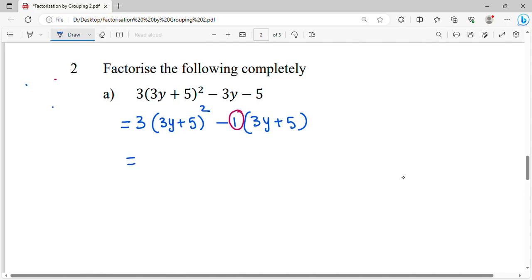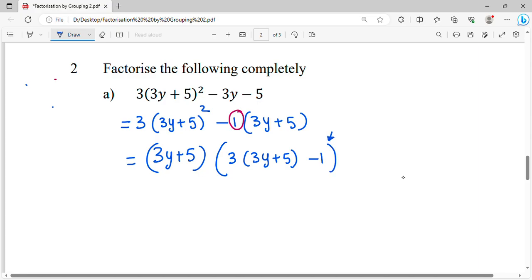So basically I see 3y plus 5 is the highest common factor. Here I am left with 3y plus 5, and I have a minus 1. Now I need to do some simplification for the second bracket.